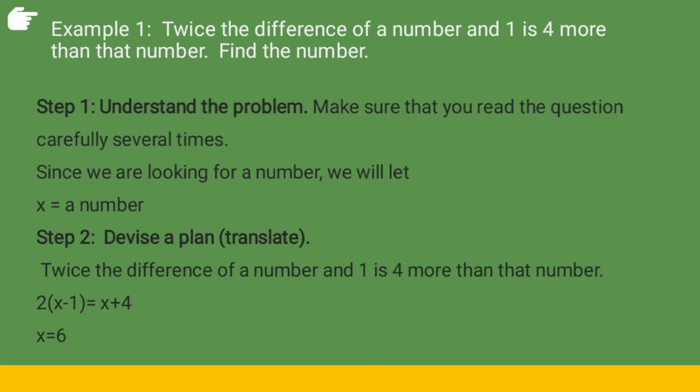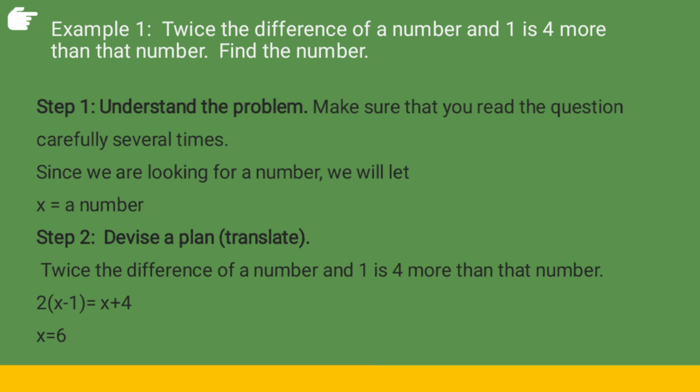So, twice the difference of a number and 1 is 4 more than that number. When we translate it into an equation, it is 2 times the quantity x minus 1 is equal to x plus 4. And probably by seeing it, the answer will be 6.